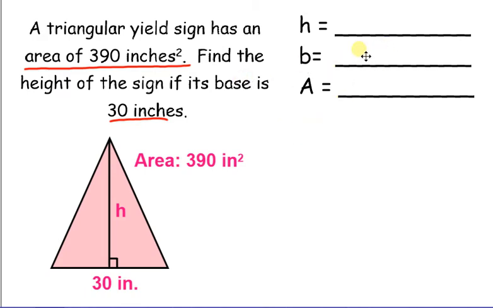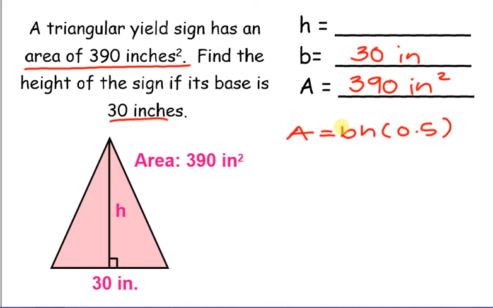So we have here that the base is 30 inches and the area is 390 inches squared. So we're going to set up our formula. Area equals base times height times 0.5. Now I have the area, 390, equals, I have the base, 30.